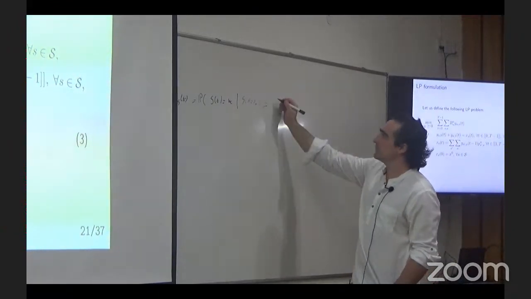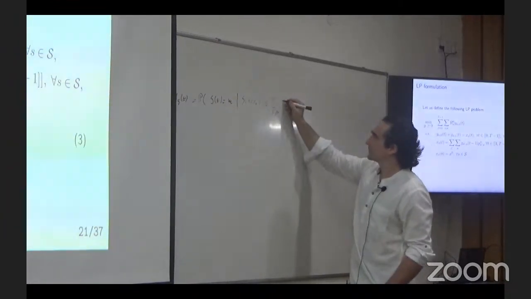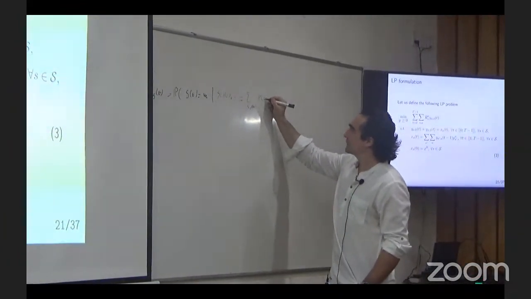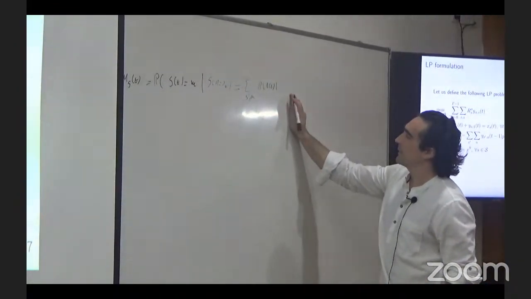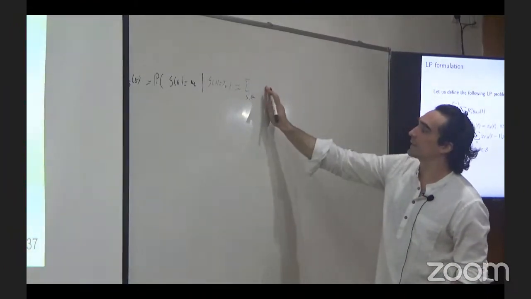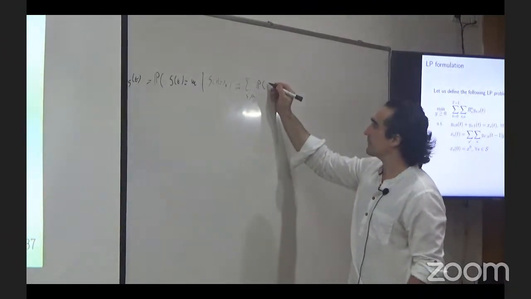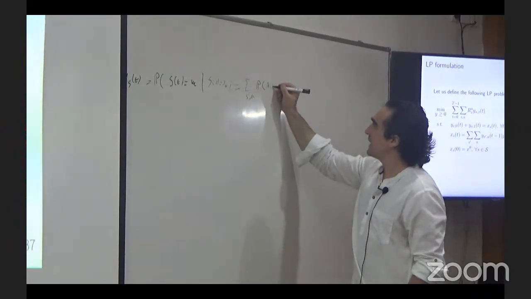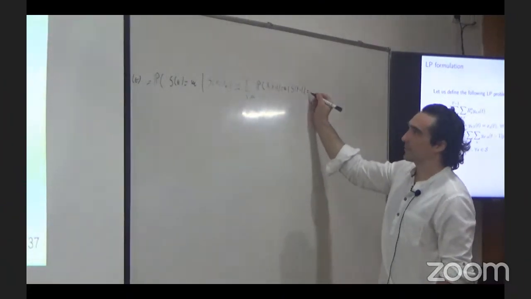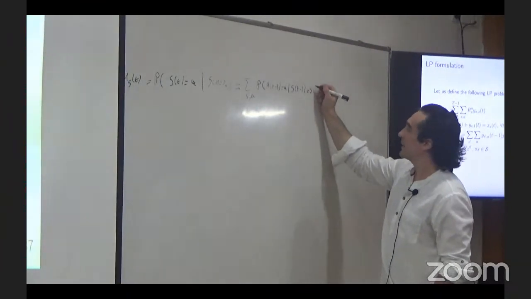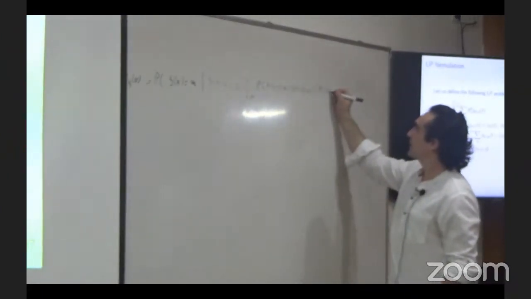So this is simply equal to the summation of S prime and A of the probability that I will play A at t minus 1 equal A, knowing S of t minus 1 is equal to S prime, and the probability that S of t minus 1.